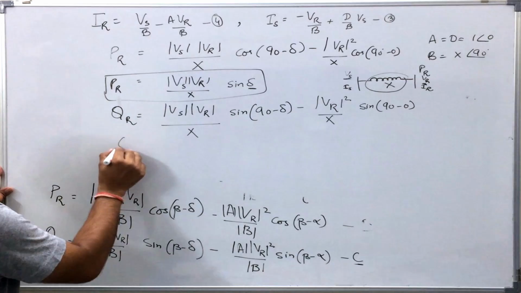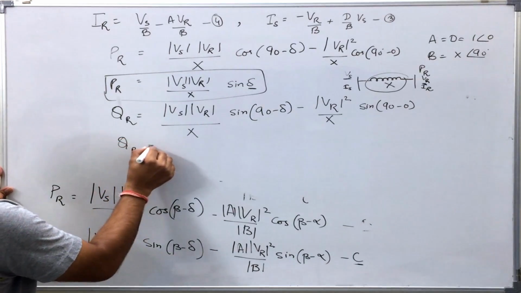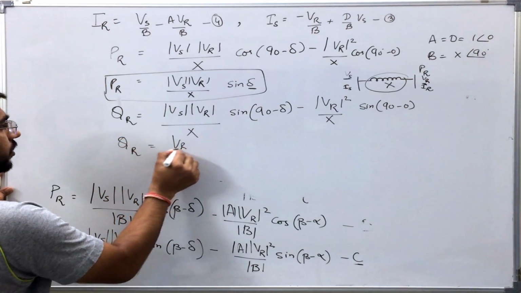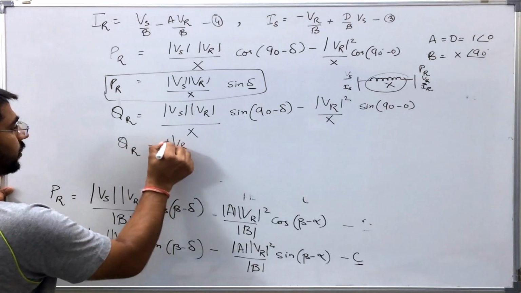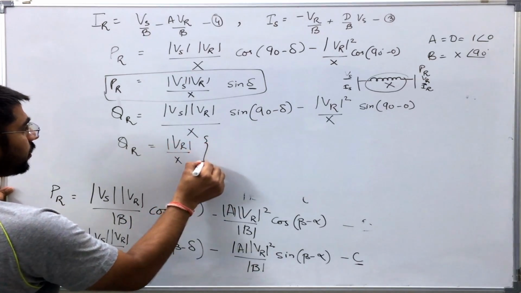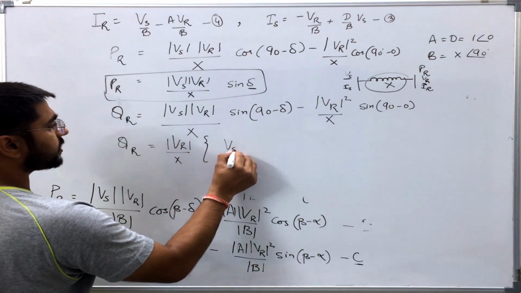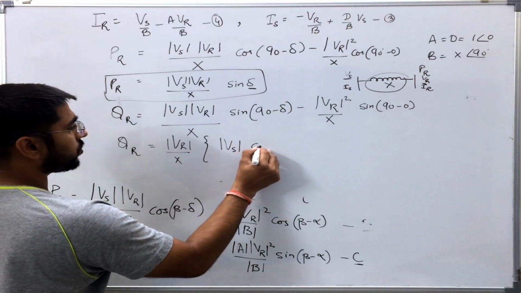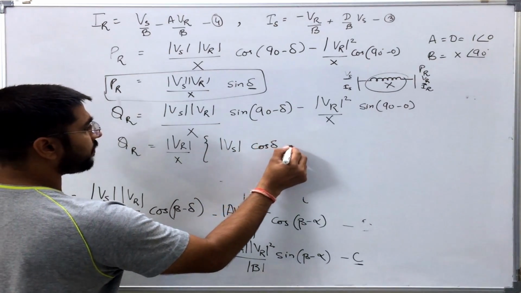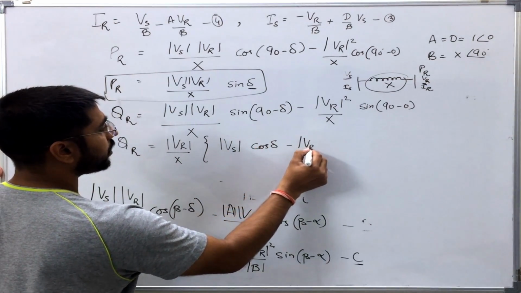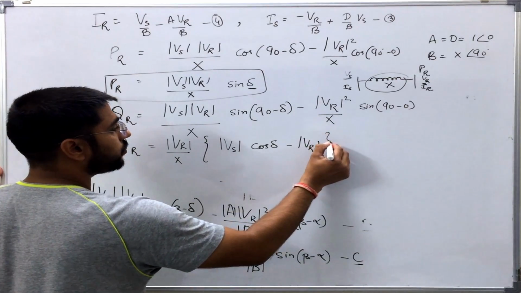So what I will get, QR is simply VR over X into (VS cos delta minus VR), because sin 90 is equal to 1.